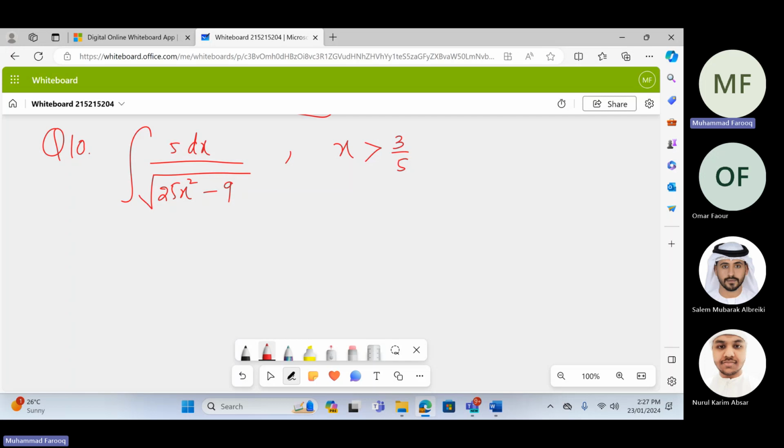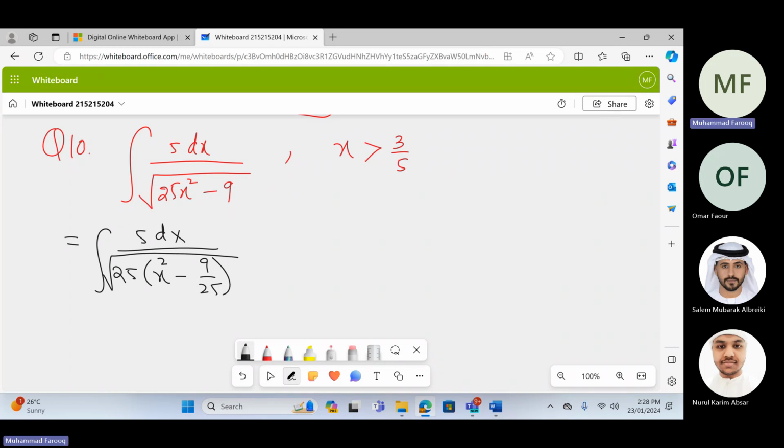Now here, what you can take is one factor, 25, as a common factor. We have x squared minus 9 over 25 in the square root. Understand?